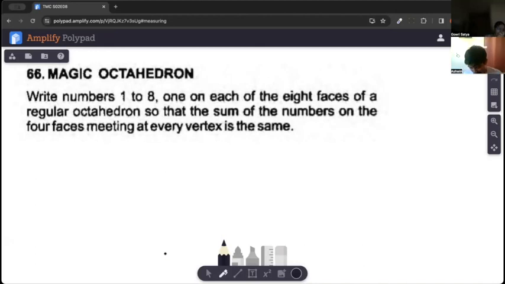So can you repeat how you are approaching the problem? Once I figured out 18, then I found 6 ways of adding 4 numbers to 18 with the numbers 1 to 8. And it worked out nicely. 1 is coming 3 times, 2 is coming 3 times, every number is coming 3 times.